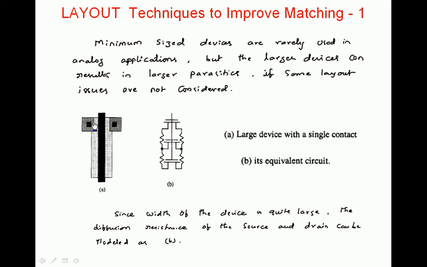A large resistance value across the n plus source and n plus drain results, which is unwanted and slows down the transistor operation. So the equivalent is assumed as a large transistor whose resistance across source and drain is very large.